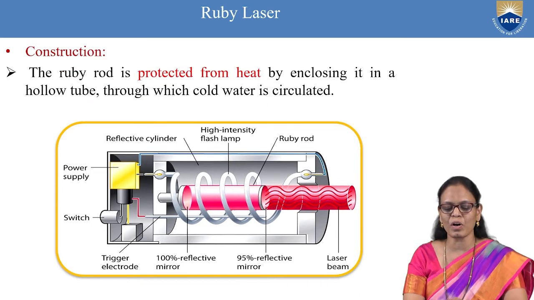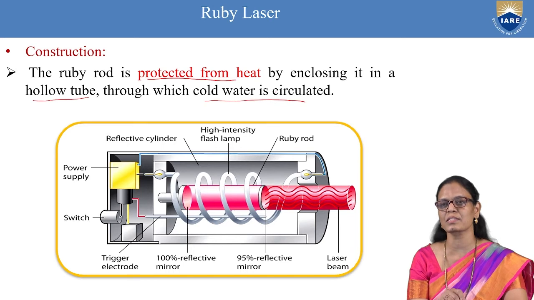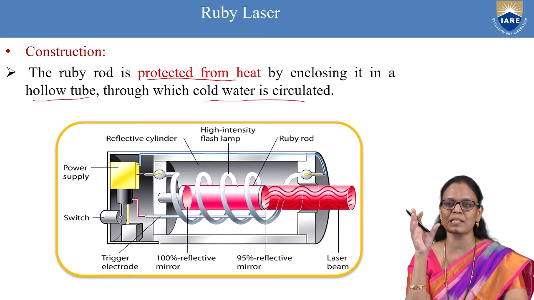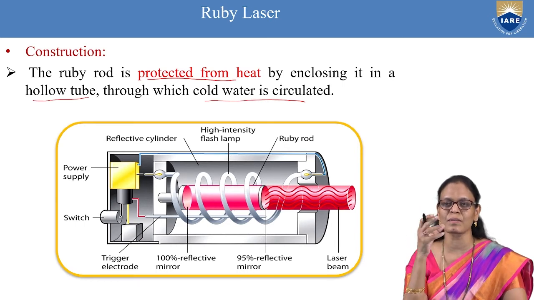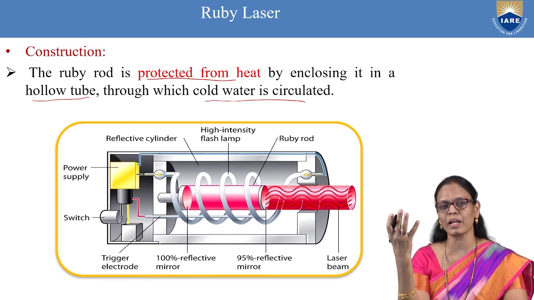Now this ruby rod is protected from heat by enclosing it in a hollow tube through which cold water is circulated. When this lamp is emitting pulses, or giving out flashes for a few milliseconds, a very high amount of energy is being emitted.